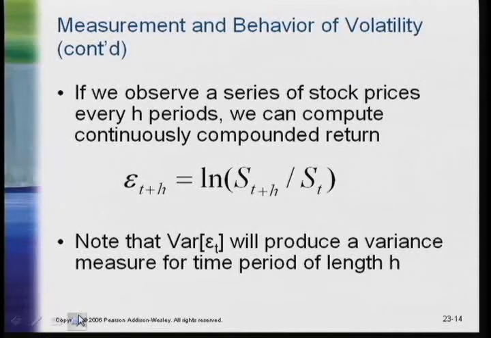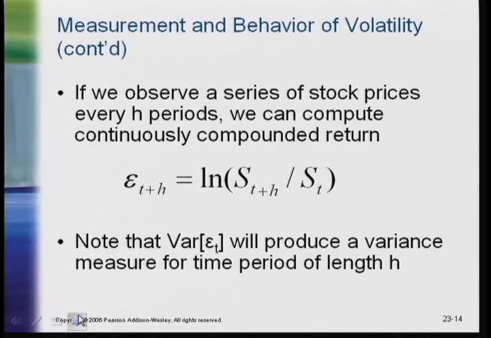The typical approach, and this is consistent with the fact that prices in geometric Brownian motion in the Black-Scholes model, but also prices in our binomial trees, are modeled to be lognormally distributed. Ultimately, we're interested in sigma being a measure of the variability of the return on stocks.